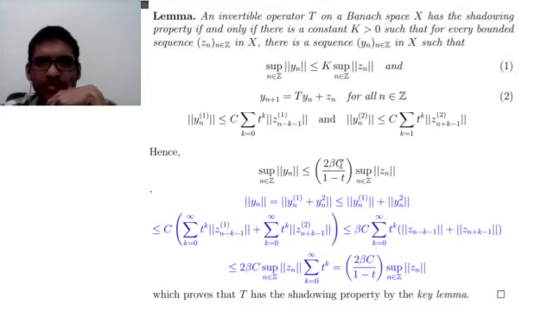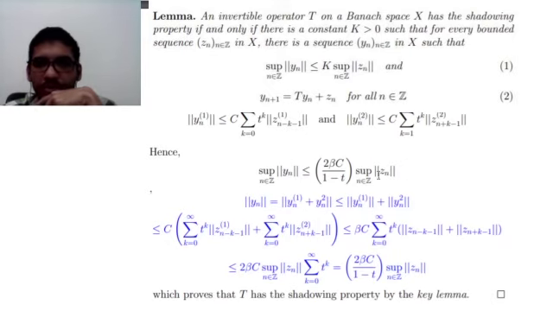The key. Okay, so we only need to prove this in order to show that the operator T is hyperbolic, because we take a bounded sequence Cn, and we construct a sequence Yn that satisfies 1 and 2.